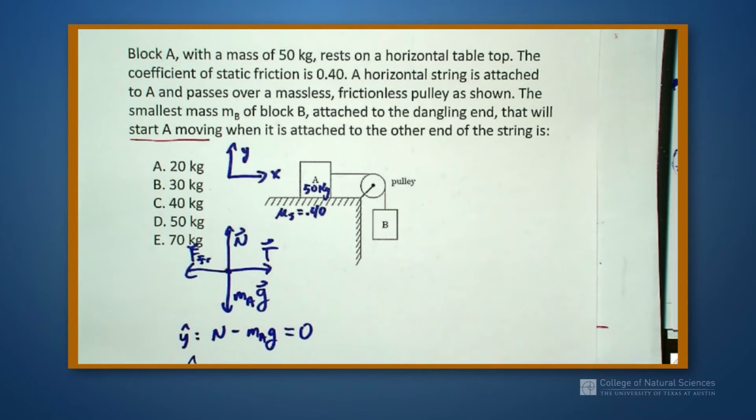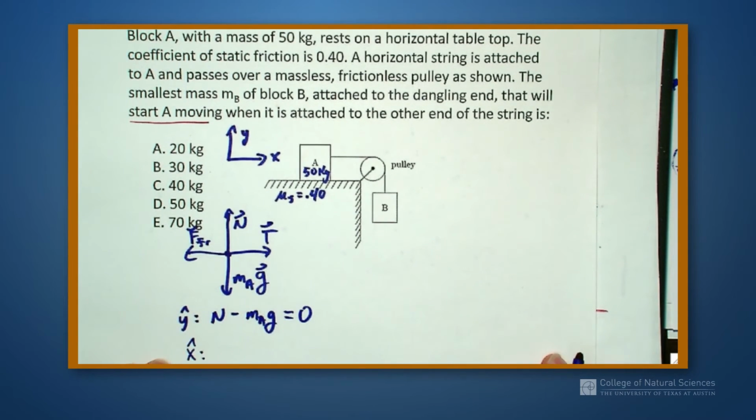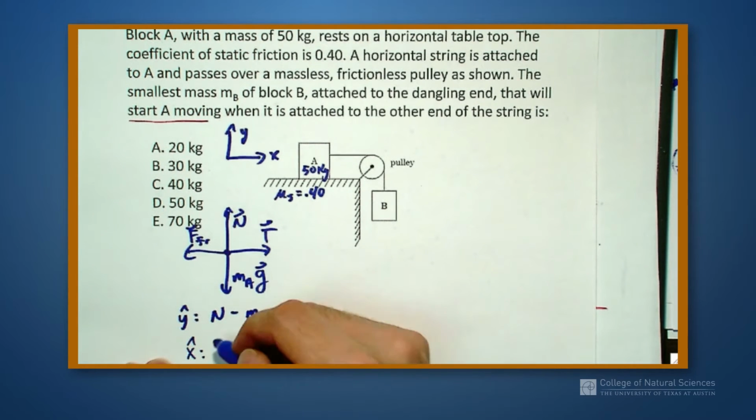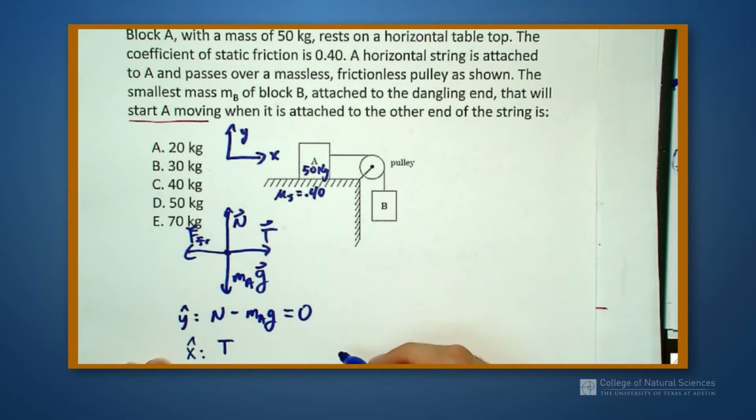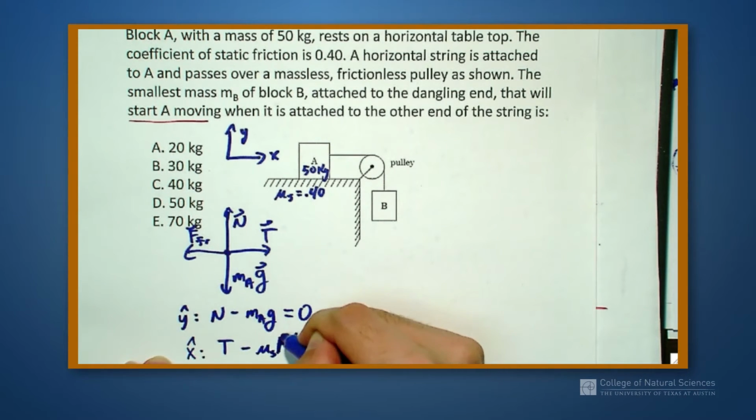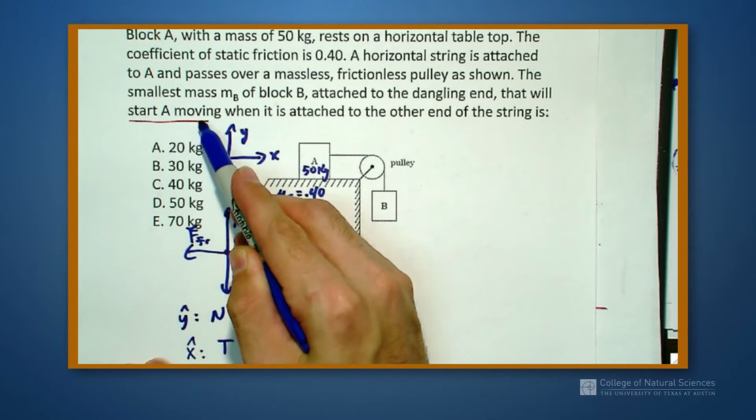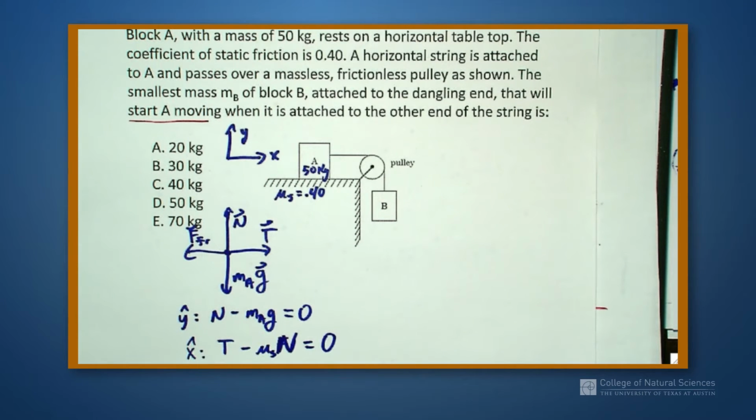In the x direction, I have the tension force to the right and the friction force, mu s times my normal force, to the left. And again, this one does not move because we're just looking for the case where it starts moving, or just the case where it doesn't quite move.